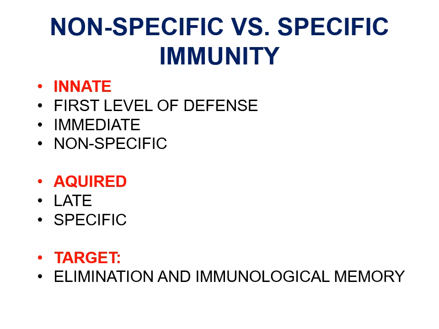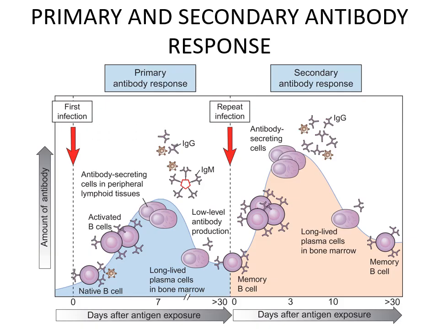It means it follows certain patterns, and it doesn't matter how similar they are. The acquired is late and specific, and the target is elimination and immunological memory. Here is the primary and secondary antibody response.